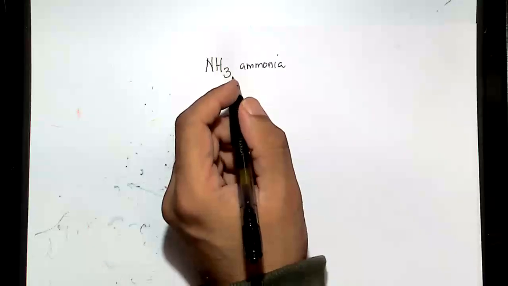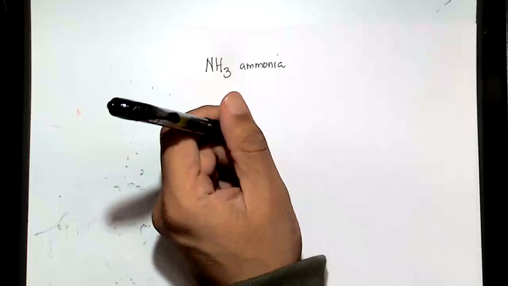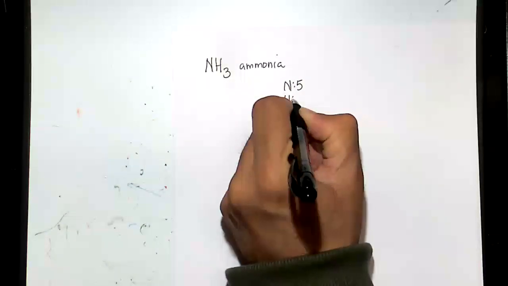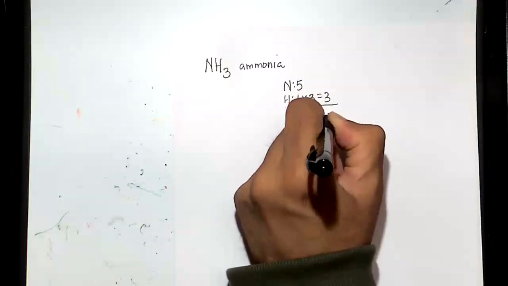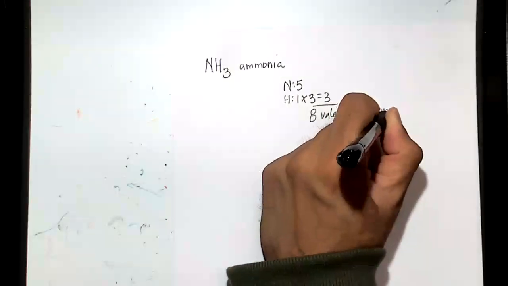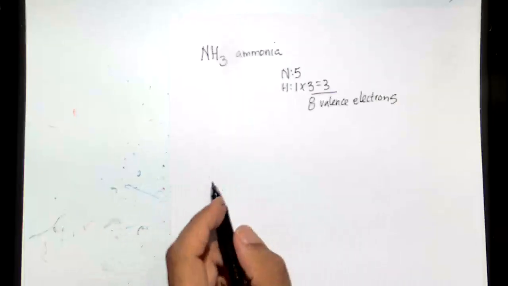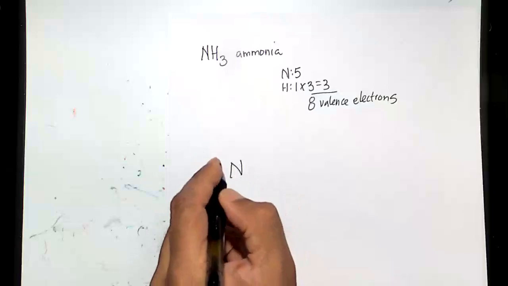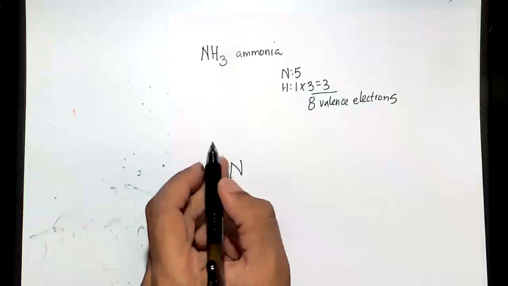What's our central atom here? Nitrogen is happy at 5, hydrogen is happy at 1, but we have 3 of those. So we need to get a total of 8 valence electrons. So what's the Lewis structure of ammonia? We have nitrogen, and then hydrogen. How many bonds? 3.